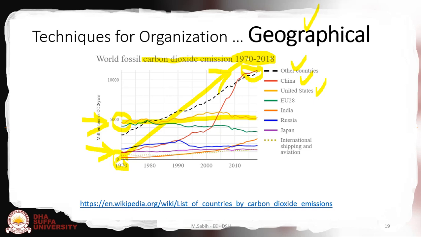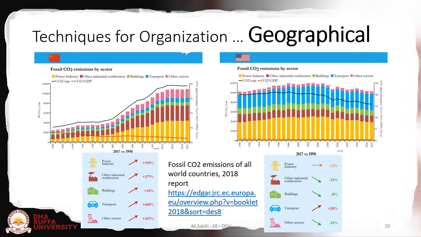In literature review, producing this kind of pictures and graphs is very important, and this is a very important skill. Now we can study this carbon dioxide emission in every country. This is the collective one, but in every region, in every country, the factors may be different. On the next slide, we see there are around 5 factors which are contributing to the carbon dioxide emission.